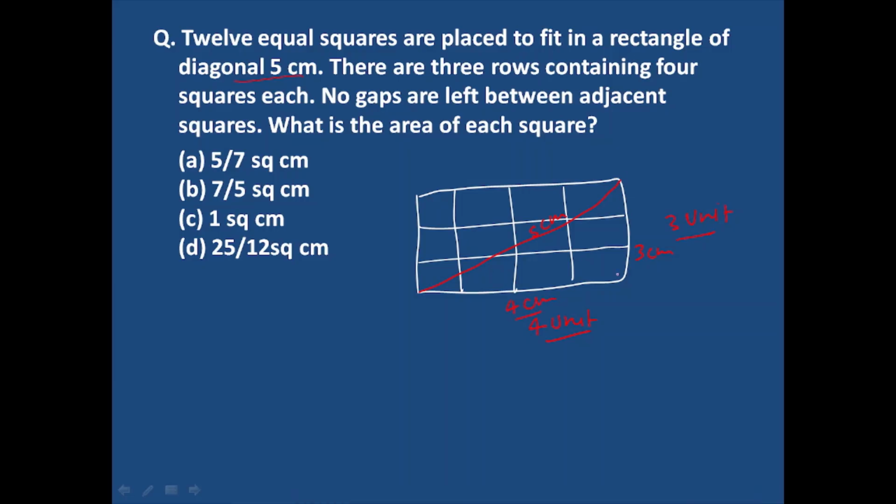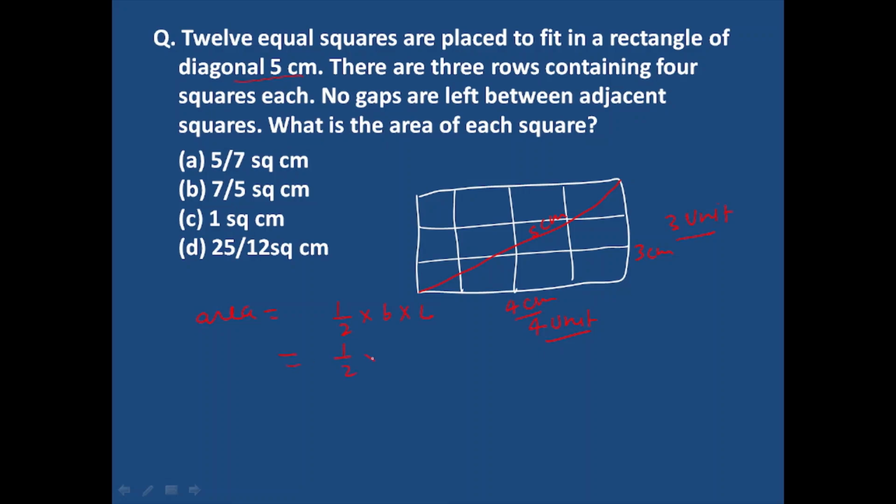So this makes a right angle triangle, and the area of this will be half into breadth into length.